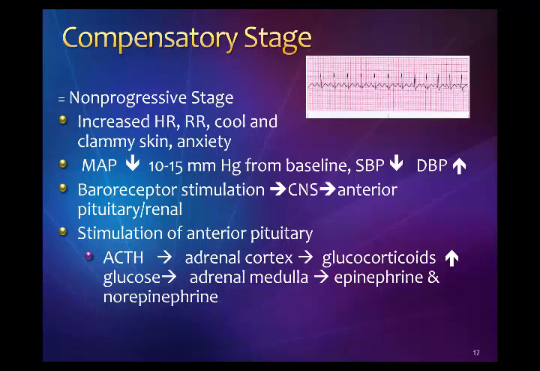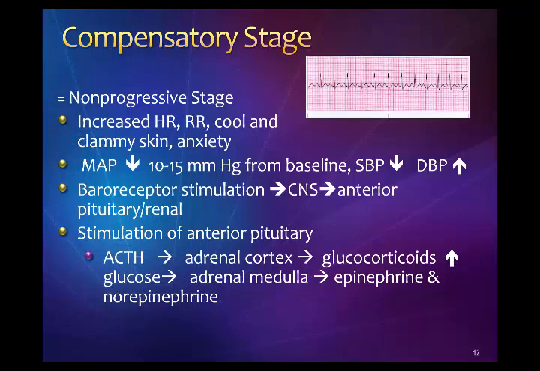stage of shock. In this stage, you would anticipate to see the heart rate above 100 and the respiratory rate above 20, cool and clammy skin. They're anxious, very anxious. Mean arterial pressure is dropping even more, 10 to 15.